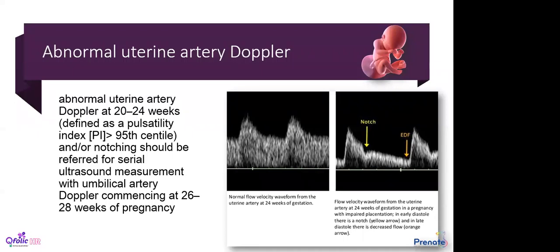So if on ultrasound of the uterine artery the pulsatility index is increased, or there is notching, then these women should be referred for further follow-up, and they will need serial measurement of growth as well as umbilical artery Doppler from 26 to 28 weeks onward.